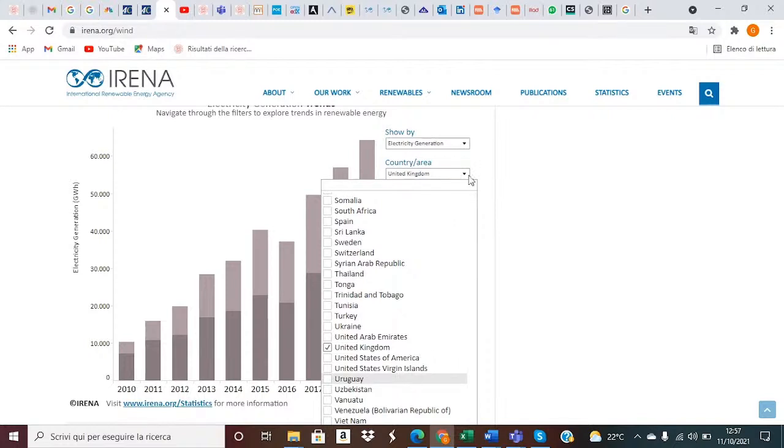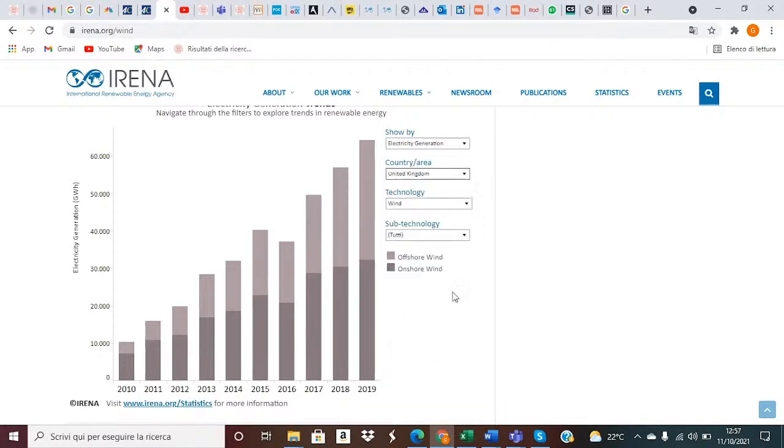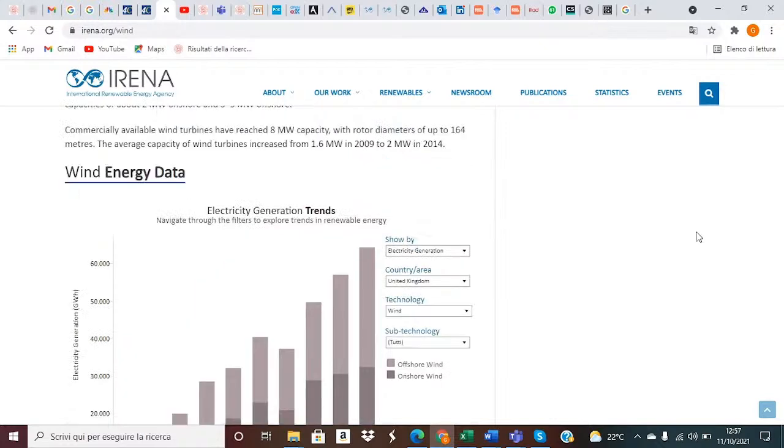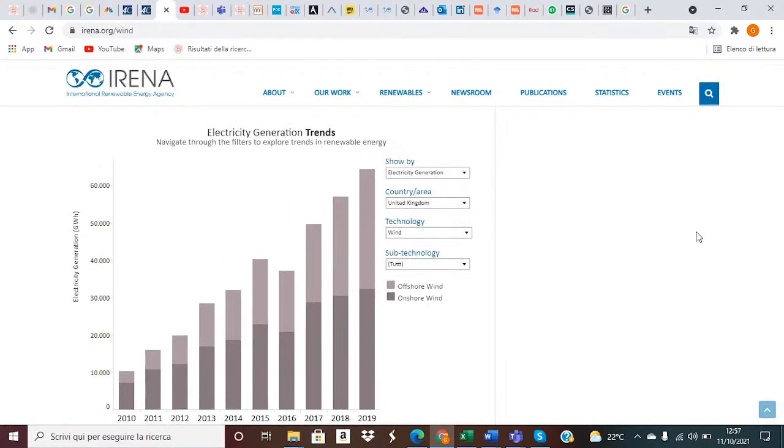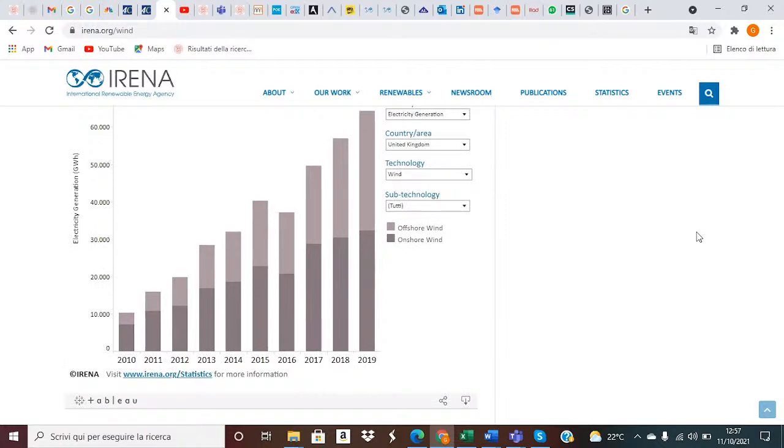Ok, perfetto. Allora, se questa è la produzione di vento, wind energy data, onshore. Anche onshore è alto alla fine. A me sembra abbastanza alto. In gigawatt, secondo me è tanta roba. Nel 2019 è altissimo.